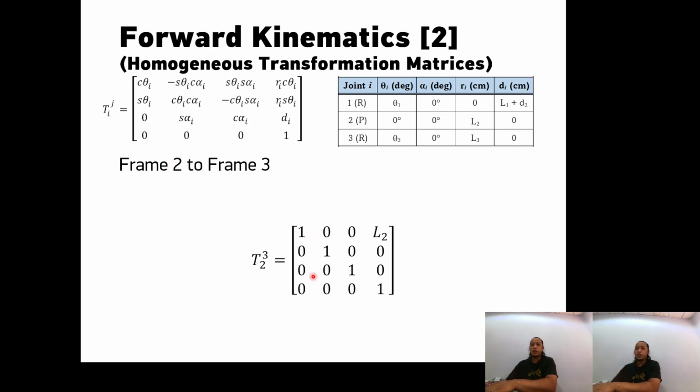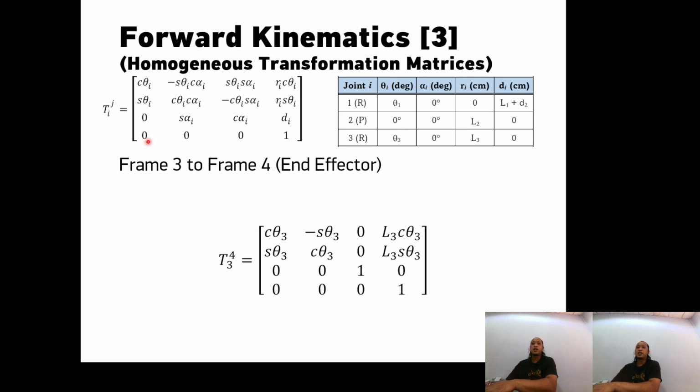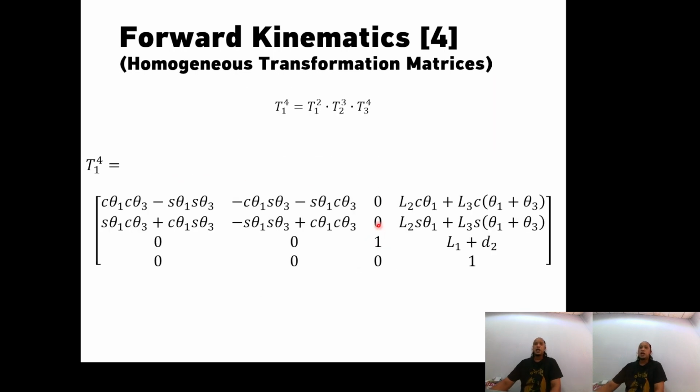This is the transformation matrix from frame 1 to 2, and this is from frame 2 to 3. We have this kind of expression, and this is the transformation from frame 3 to frame 4. And this is the summary of all the transformation matrices, the transformation matrix from frame 1 to 4.